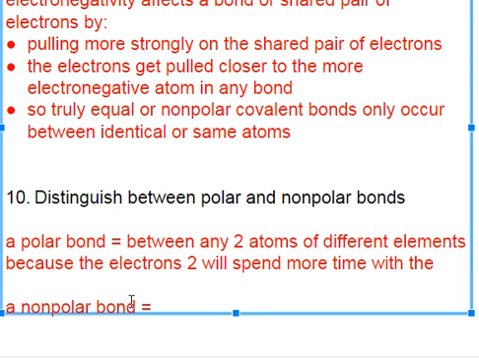Polar bond will be between any two atoms of different elements because electrons will spend more time with which atom? The stronger or the more electronegative, yeah.